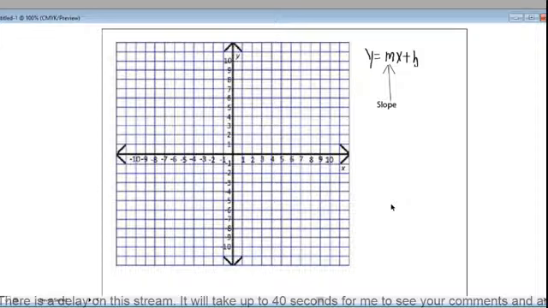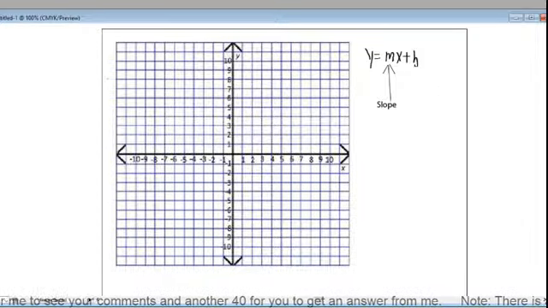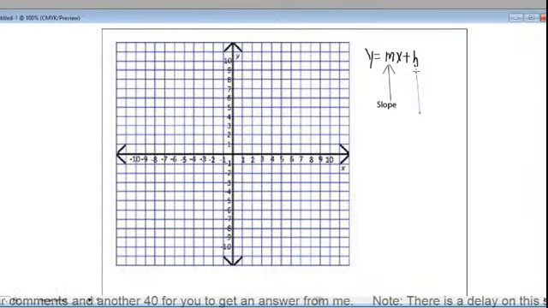And slope is the idea of how much this thing is changing from point to point. So when we plug in an x, how much does it change from one value of x to the next? Okay? Then we have b, which is another very important piece of our equation here.